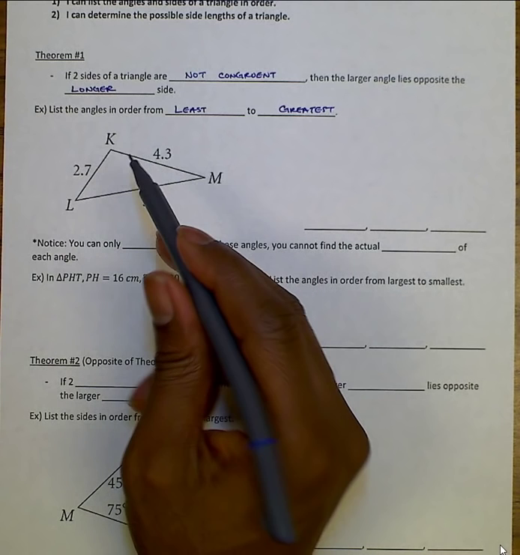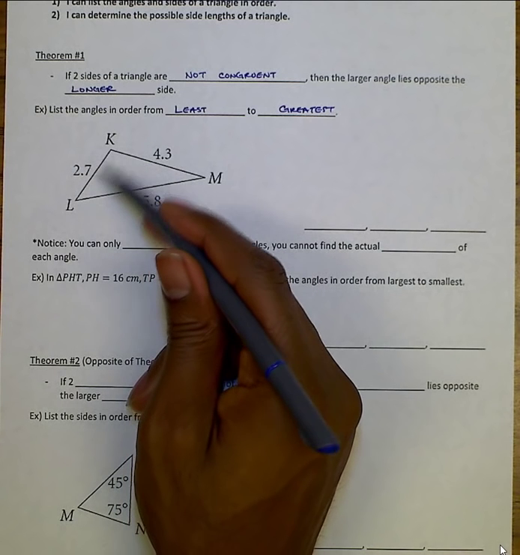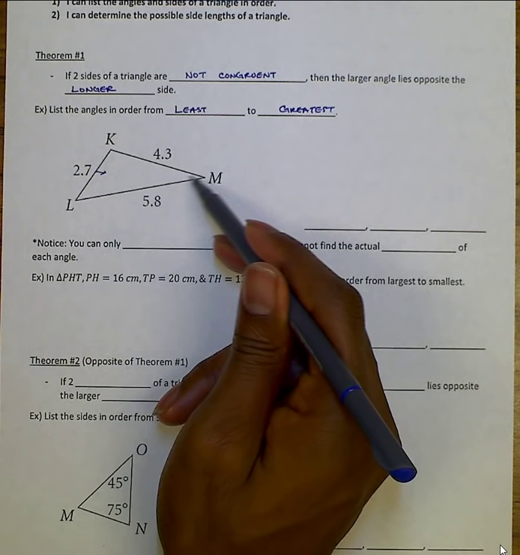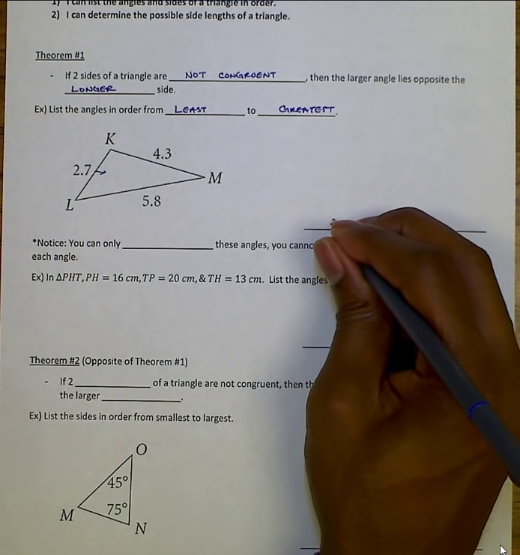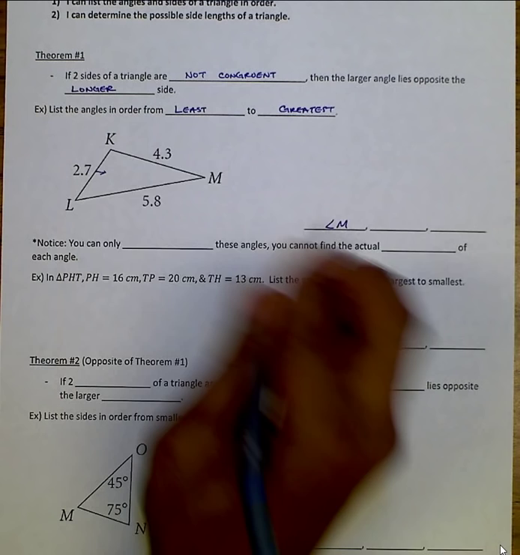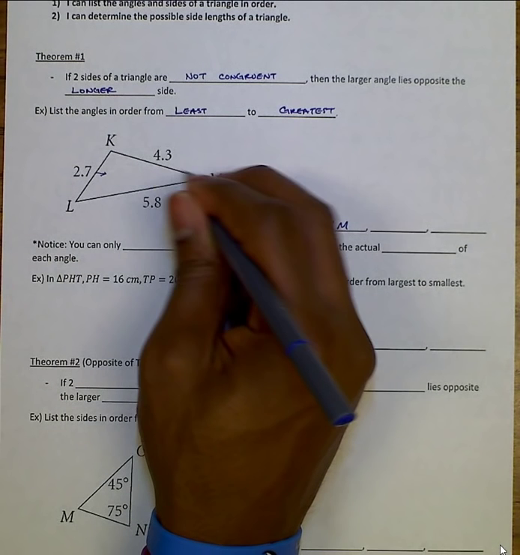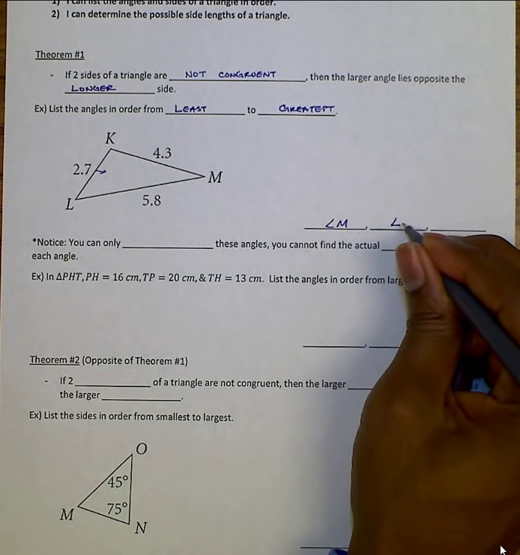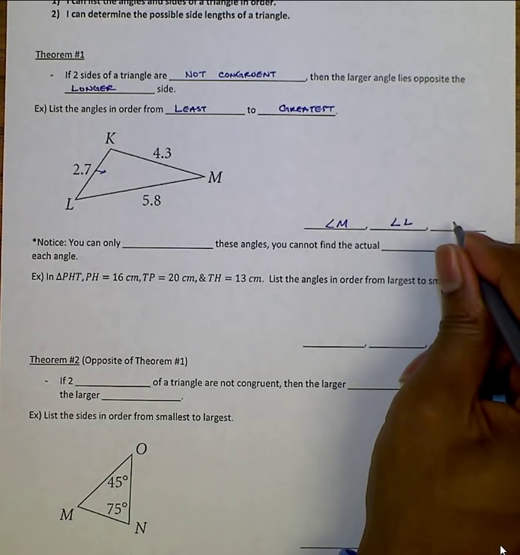So our shortest side is KL, which is 2.7, and the angle it opens to is angle M. So angle M is our least angle. Okay, second would be the angle that opens up to 4.3, so angle L would be next, and then angle K would be final.